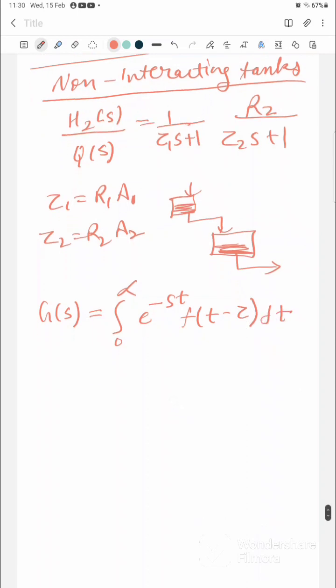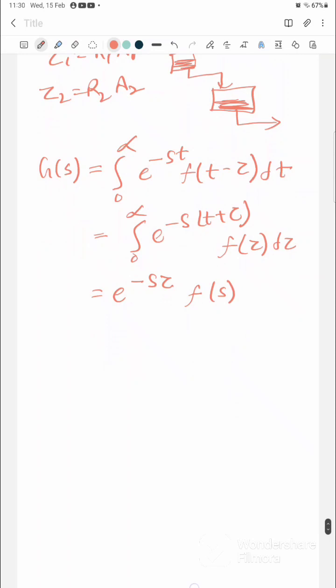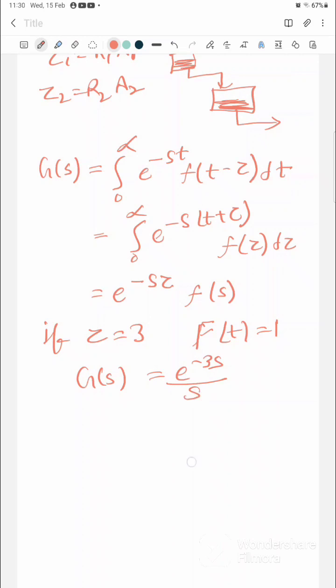Solution of this type is integral from 0 to infinity e to the power minus s(t plus tau) f(t) dt. If tau is equal to 3 and f(t) is equal to 1, Gs is equal to e to the power minus 3s by s.